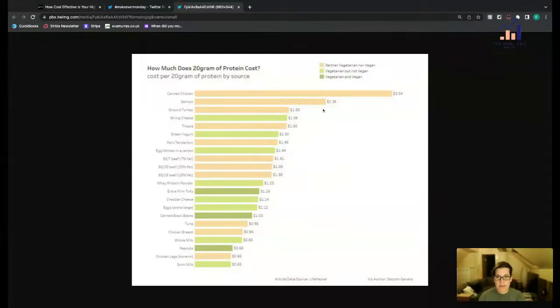It goes from most expensive to cheapest, and it just depends. Do you want to focus on the most expensive ones first or the cheapest ones first? But I like that it's nice and simple. It just tells us exactly how we can compare those different foods based on their protein content and the price. So I think this is really effective.